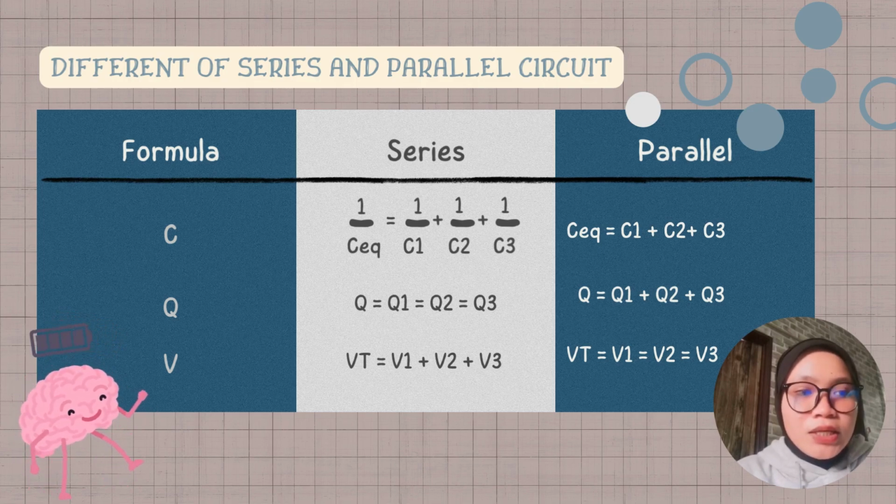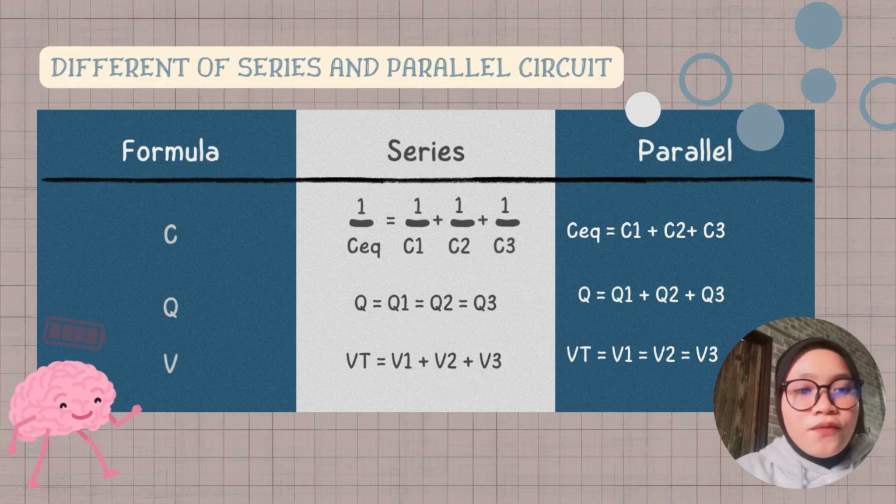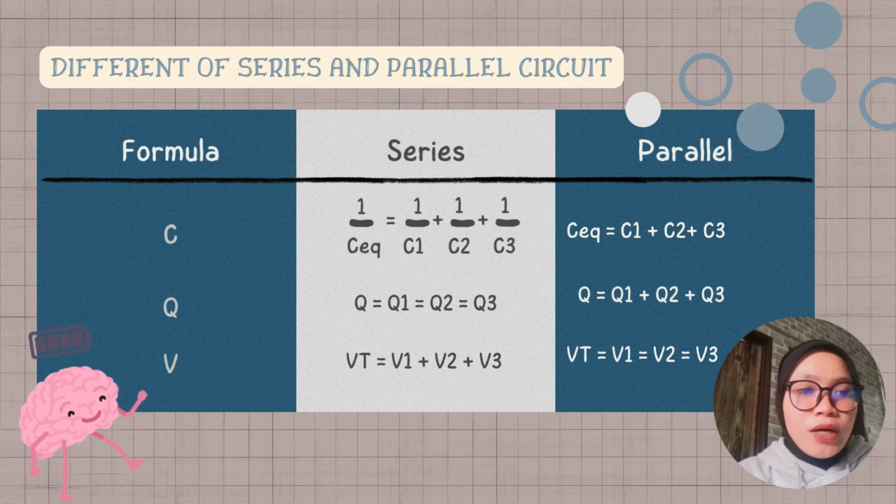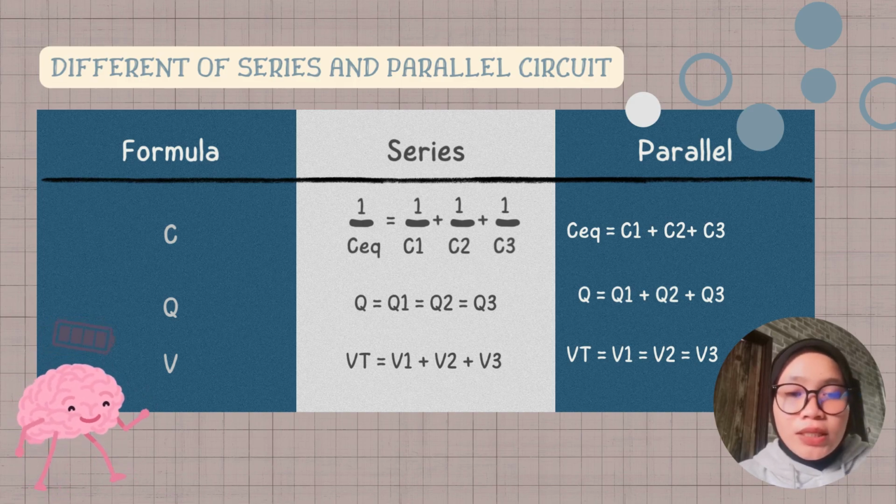For parallel, Q total equals Q1 plus Q2. For voltage, for series V total equals V1 plus V2. For parallel, V total equals V1 equals V2. So the formulas for series and parallel are totally different, and you have to remember them.